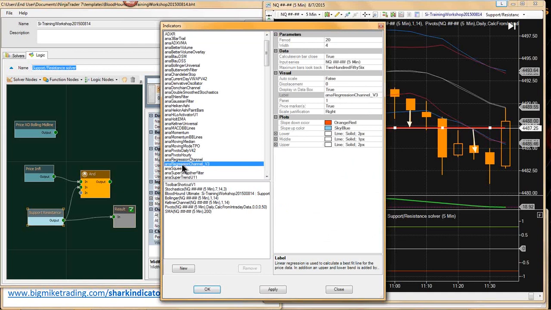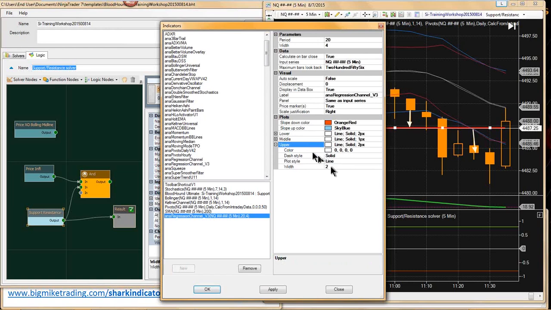This is a great regression channel because it works historically. It works backwards on your chart, whereas the regression channel for NinjaTrader does not work backwards on the chart. So let's add that, and let me beef up the channel lines here. Make them a little thicker, easier to see.